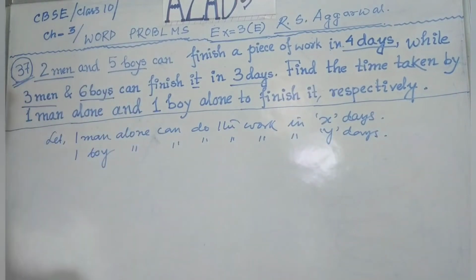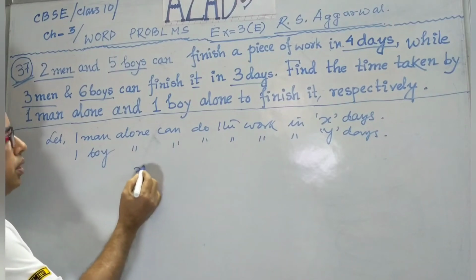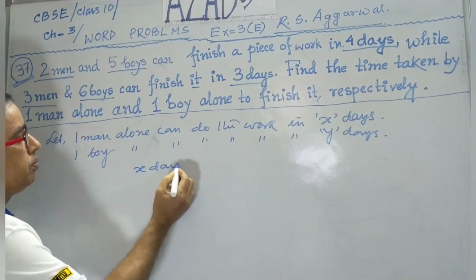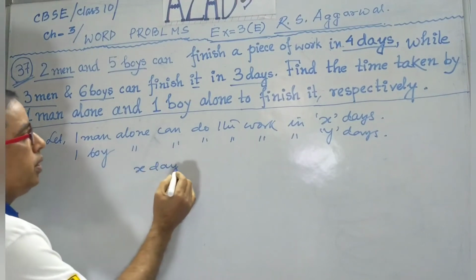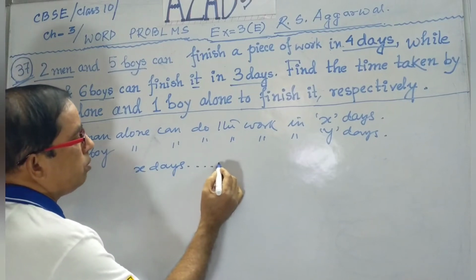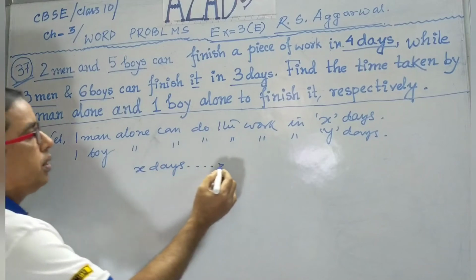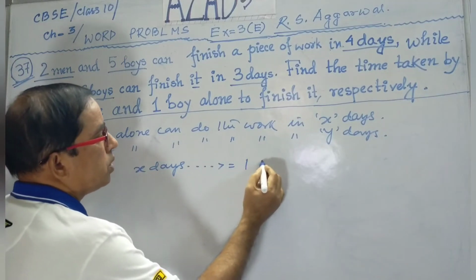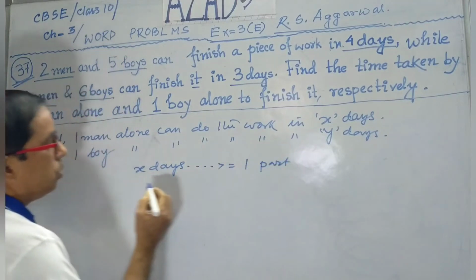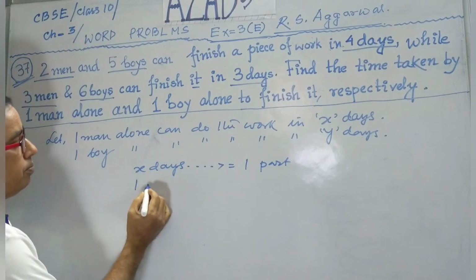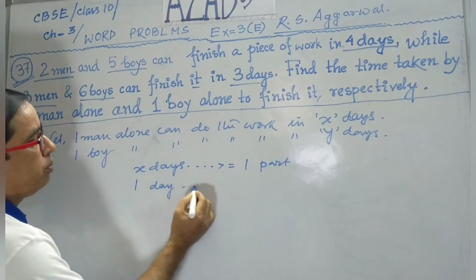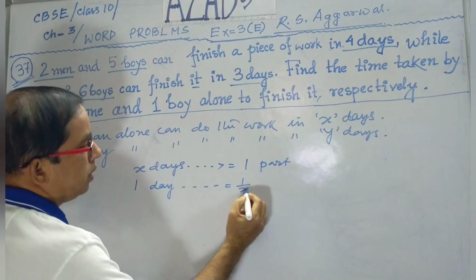Now, most probably in the previous class, class 8, you have learned that if anybody can complete a work in X days, he can do the whole part of the work, means one part. So in 1 day, how many parts will he do? 1 by X part.